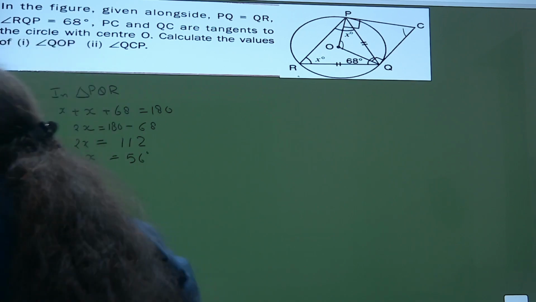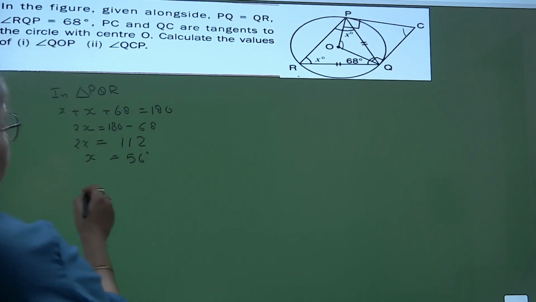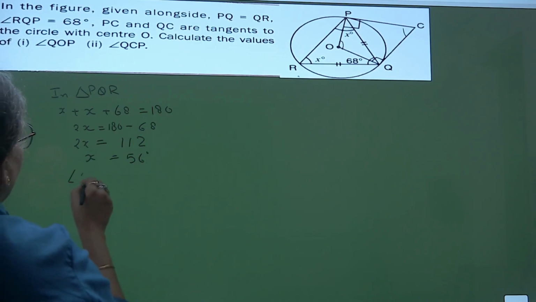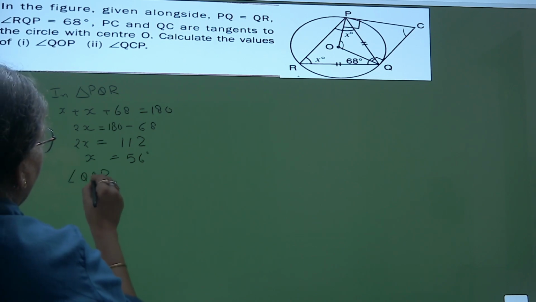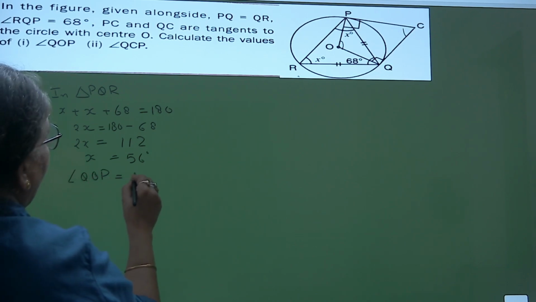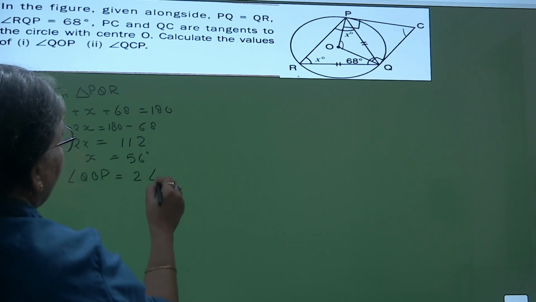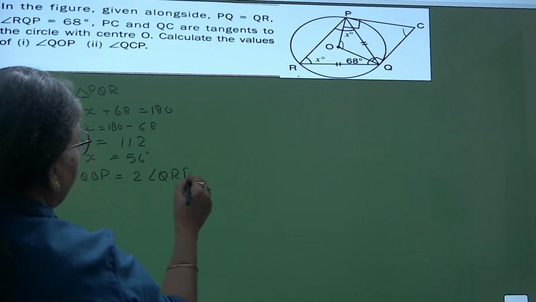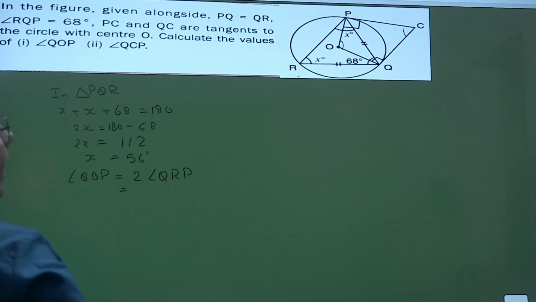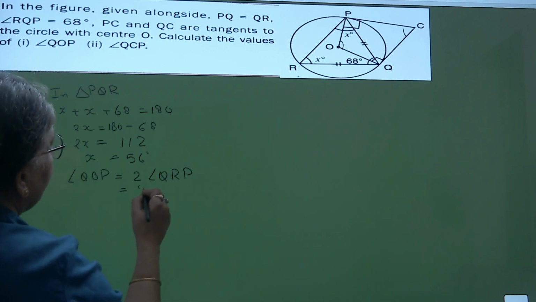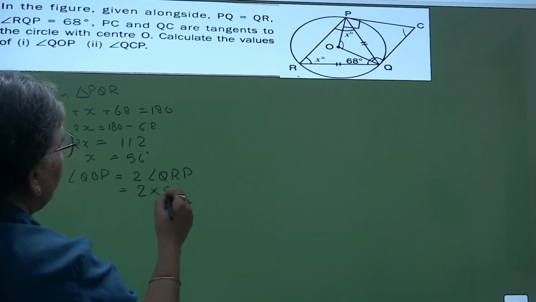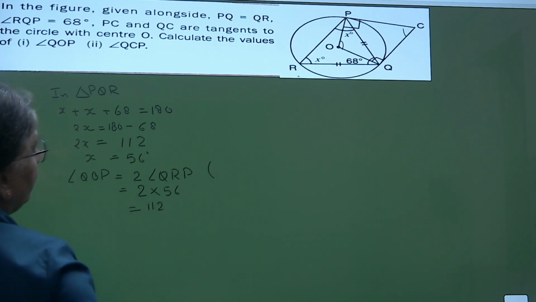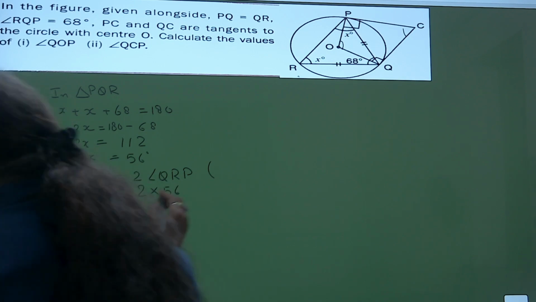So using this property, you can write angle QOP is equal to twice angle QRP. And QRP is nothing but angle x. So you get 2 into 56, that is 112.